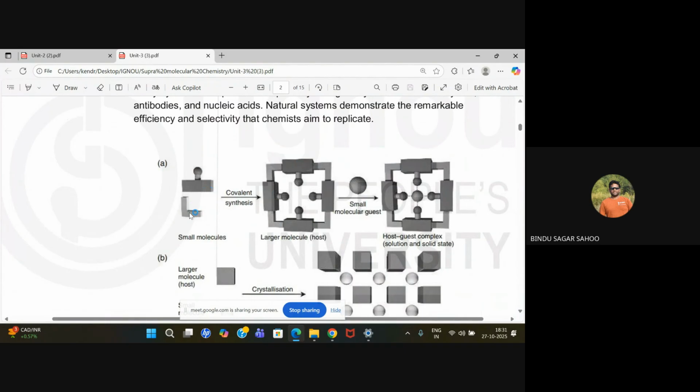So the small units initially combine with themselves through covalent interactions and form a cyclic complex like that. This larger cyclic complex, I can say, is a host complex. And with the host complex, this small guest molecule will interact, and they will form a host-guest complex like that.